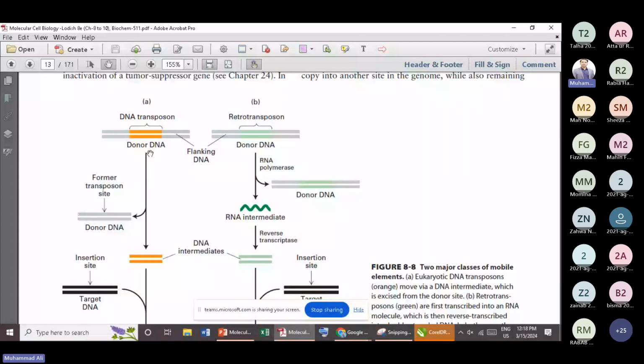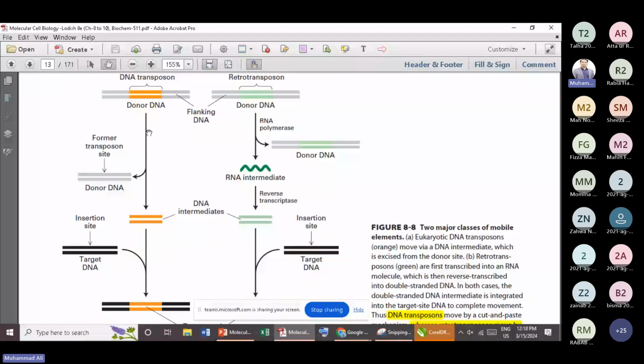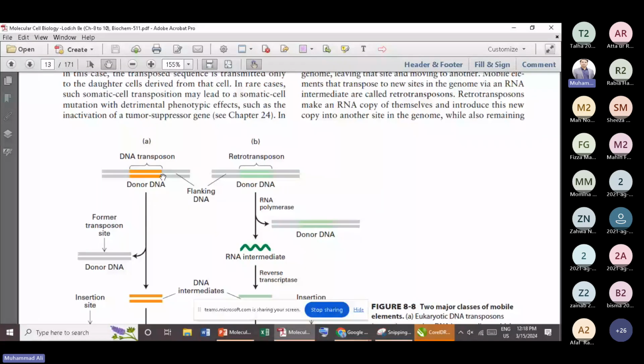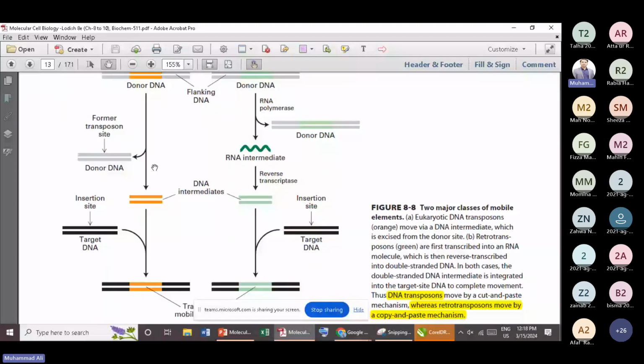DNA transposons work like cut and paste from one place in the genome to another. The gray region is showing one site in the genome and the black region is showing another site. So the gray region is cut with the DNA transposon and the black region is pasted with the DNA transposon.